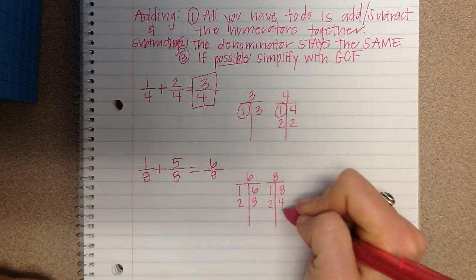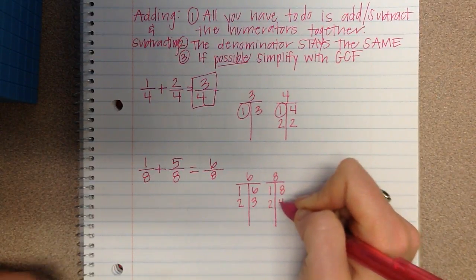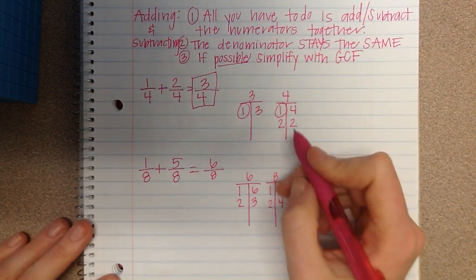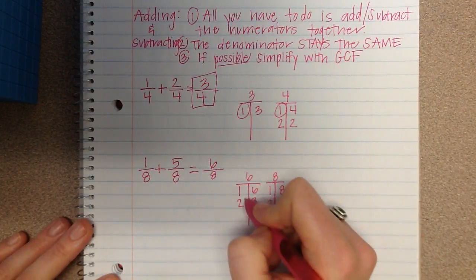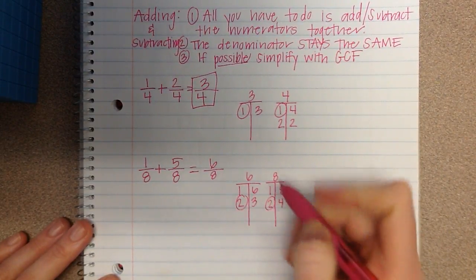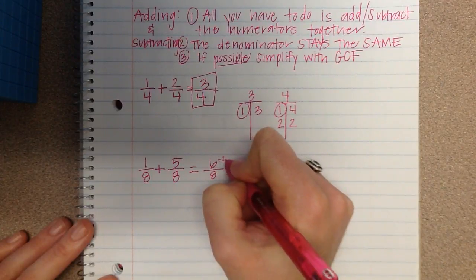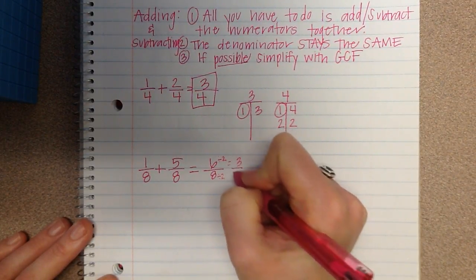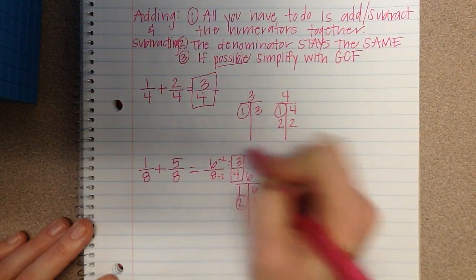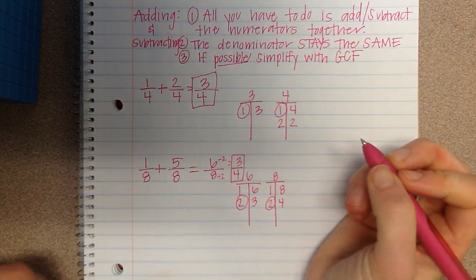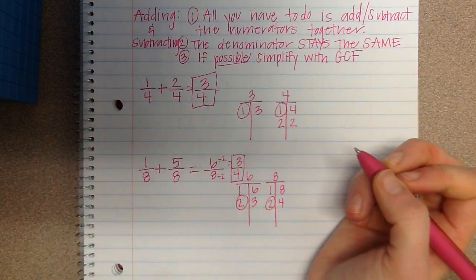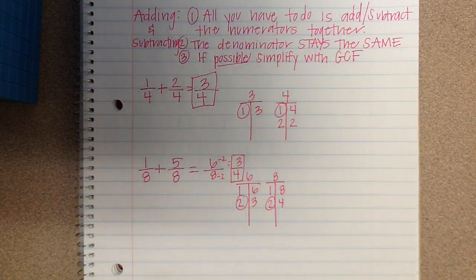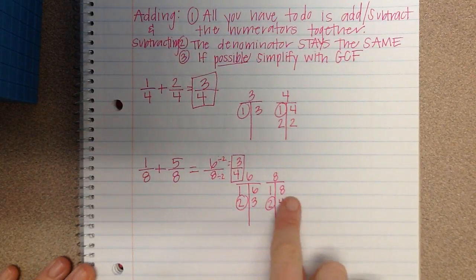No. 4 times 2 equals 8, and I'm repeating myself, so I'm done. I look and see what's the greatest number they have in common? 2. So I'm going to divide each one by 2, and that is my answer. It is in simplest form. It is a coincidence that they both have 3/4 as the answer. That was not intended, but I just wanted to show you how the GCF chart works.